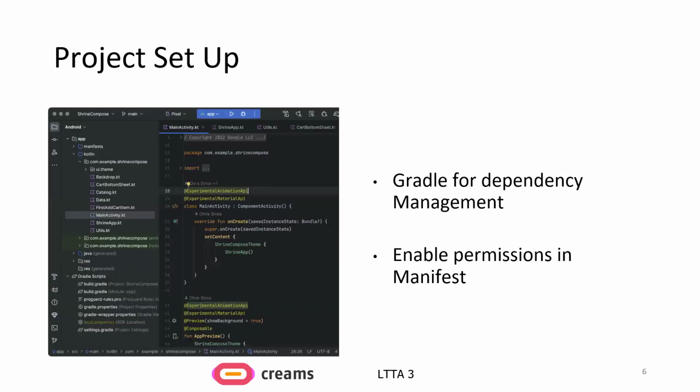To set up the project, you need to add the necessary dependencies. Like in the first presentation I showed you, we used Google Maps. So we need the Google Maps SDK. We need Play Services because that's where it will download Google Maps. We need ARCore because we will augment some artifacts.